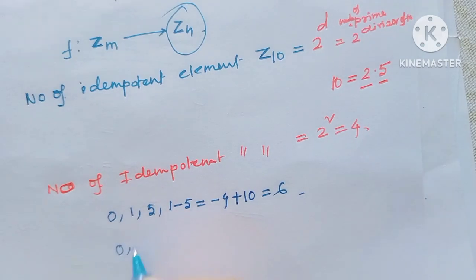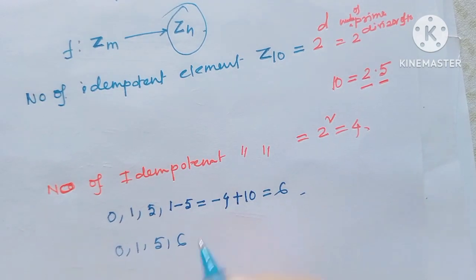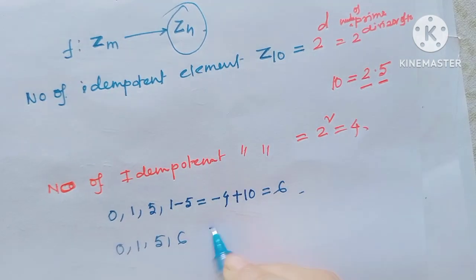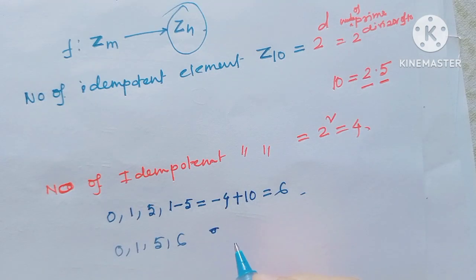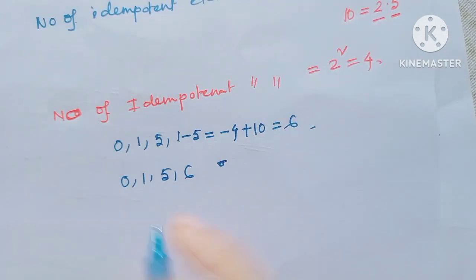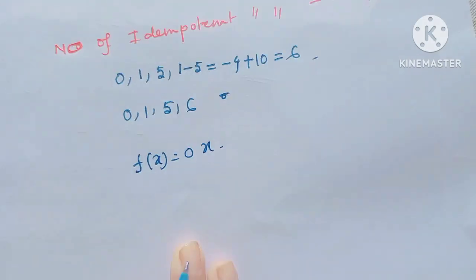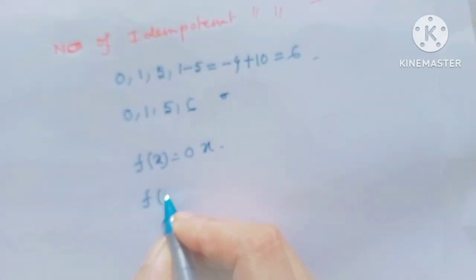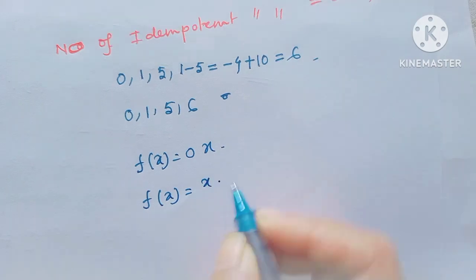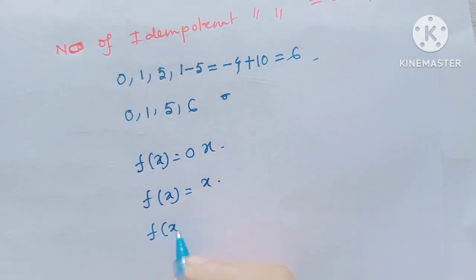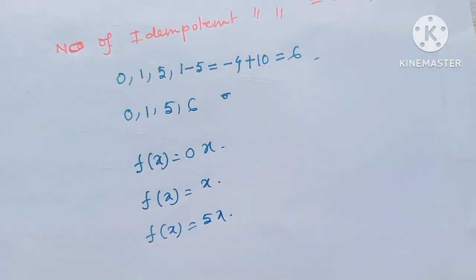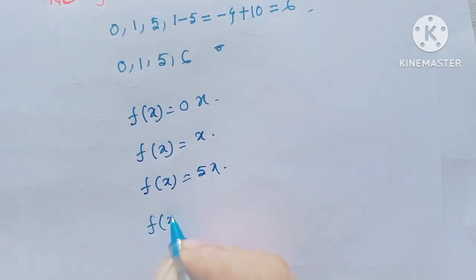That means 0, 1, 5 and 6 are idempotent elements in Z10. So the homomorphisms are: f of x equal to 0x, one possibility; another possibility f of x equal to x; another f of x equal to 5x; another f of x equal to 6x.